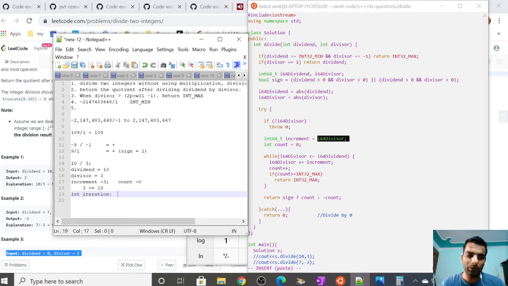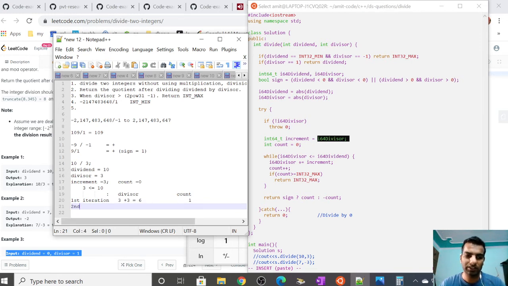The divisor, that is 3, plus increment, which was again 3, will become 6, and count will become 1 on the first iteration. On the second iteration, it sees that the divisor is 6, still smaller than 10.